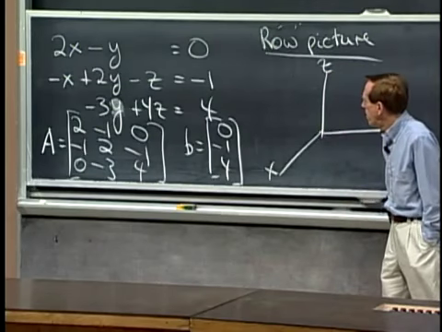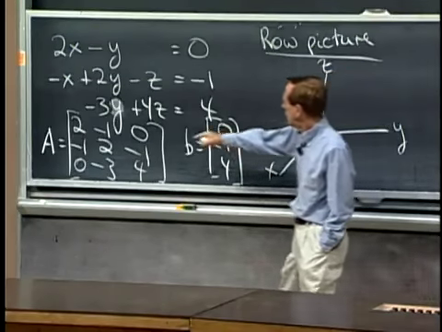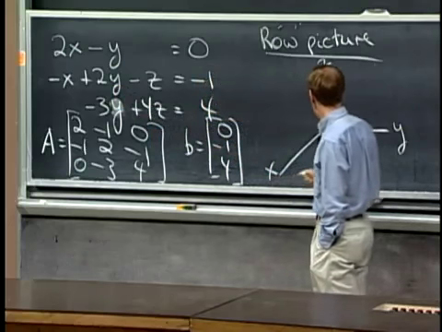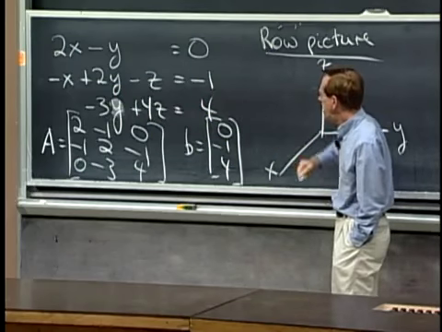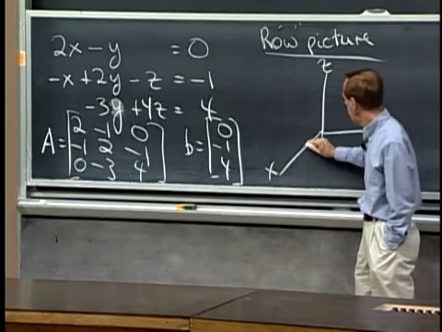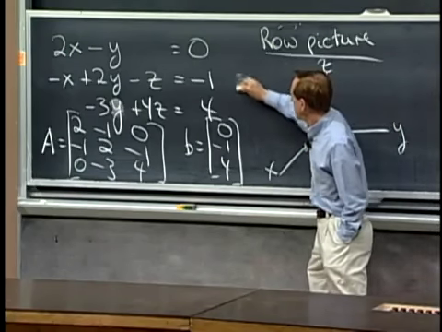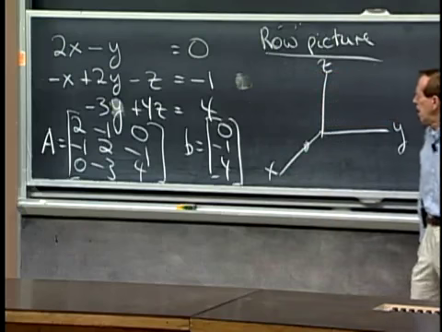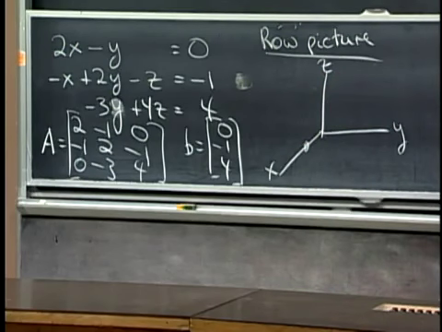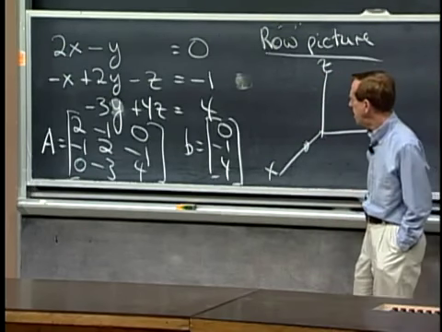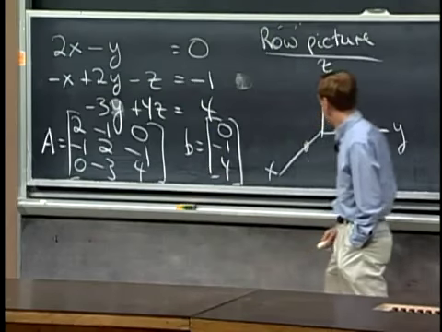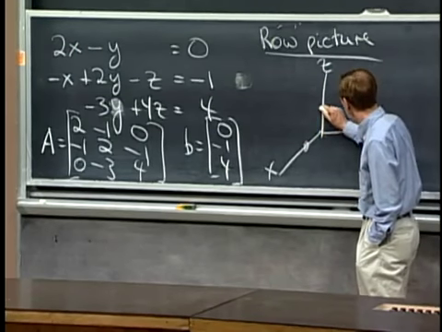So what are some points that do solve the equation? Let's see, maybe if x is 1, y and z could be 0. That would work, right? So there's 1 point. I'm looking at this second equation here just to start with. Let's see, also, if z is 1, x and y could be 0, so that would just go straight up that axis.